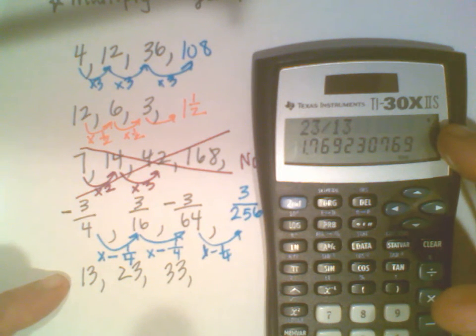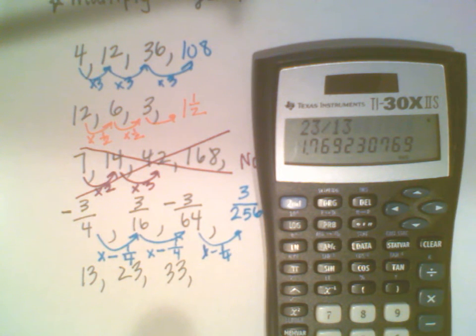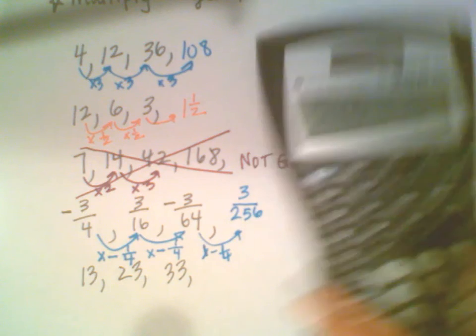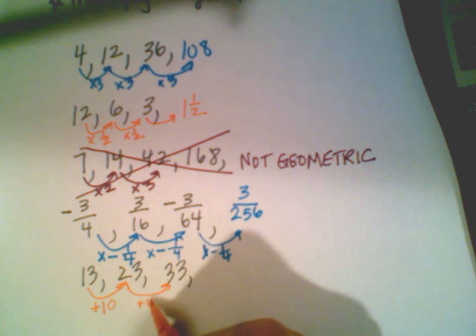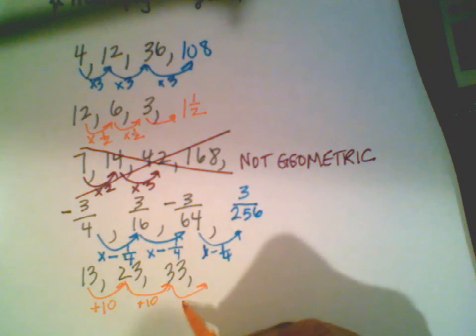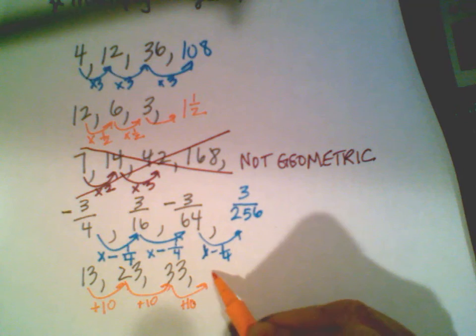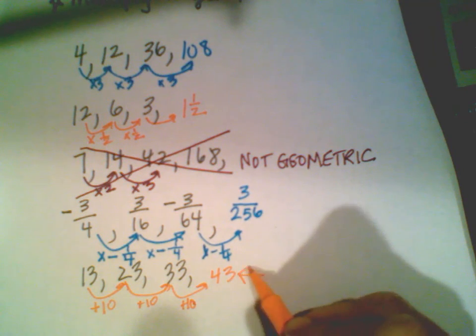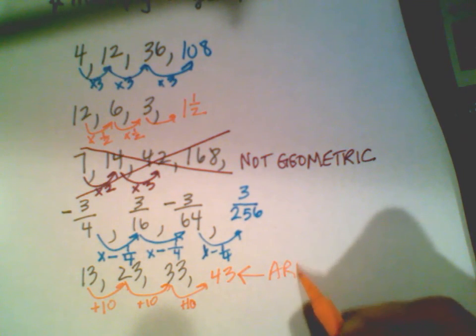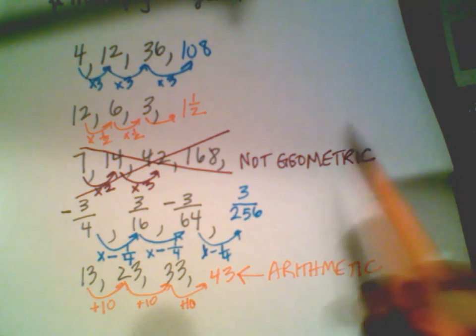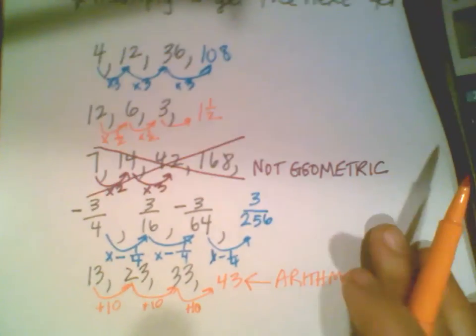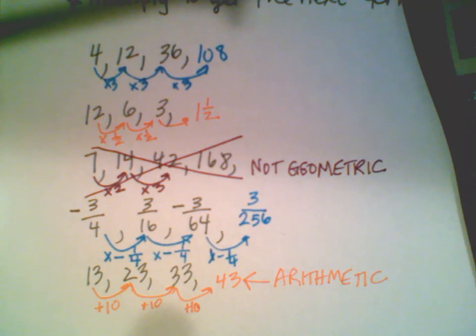And so if I look a little bit closer at it, maybe you're already noticing it, I see that I'm actually adding 10. Okay, there's the pattern. So my next term, if I added 10, would be 43, but this is arithmetic, not geometric. So you're going to see geometric, arithmetic, and neither.